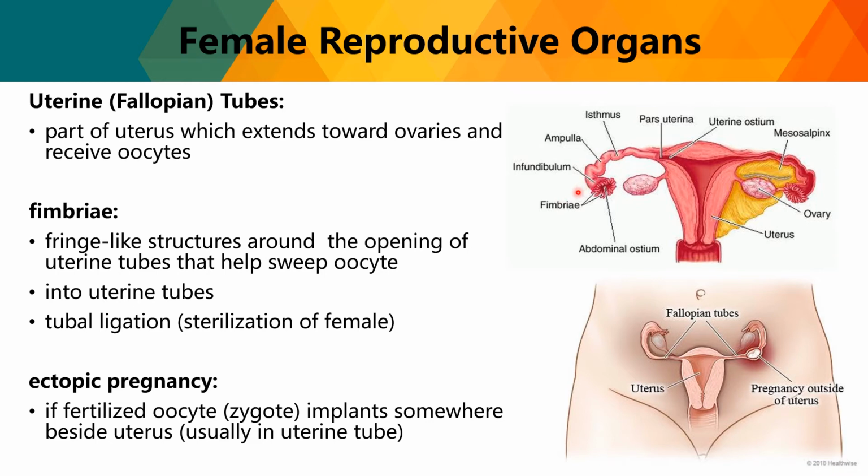So one clinical application, or clinical case, that you could also link to your fallopian tubes is what you call ectopic pregnancies. So if the fertilized oocyte or zygote implants somewhere besides the uterus, usually kumbaga hindi na-embed sa tamang lugar yung oocyte, nagkakaroon tayo ng tinatawag na ectopic pregnancy.